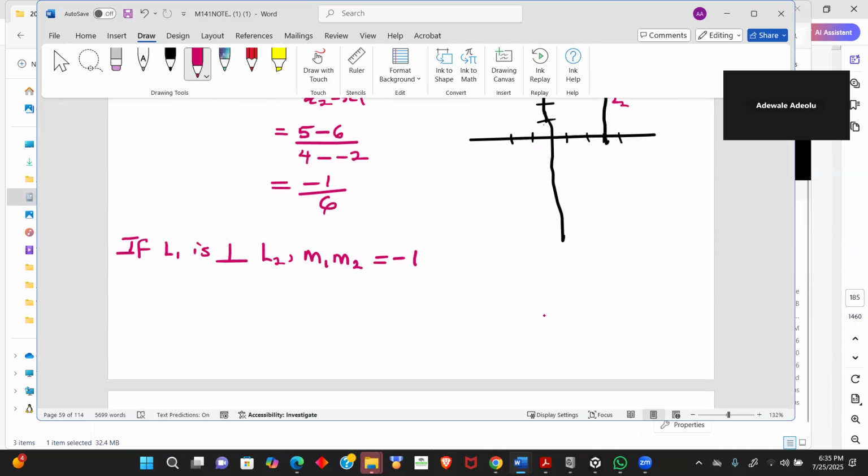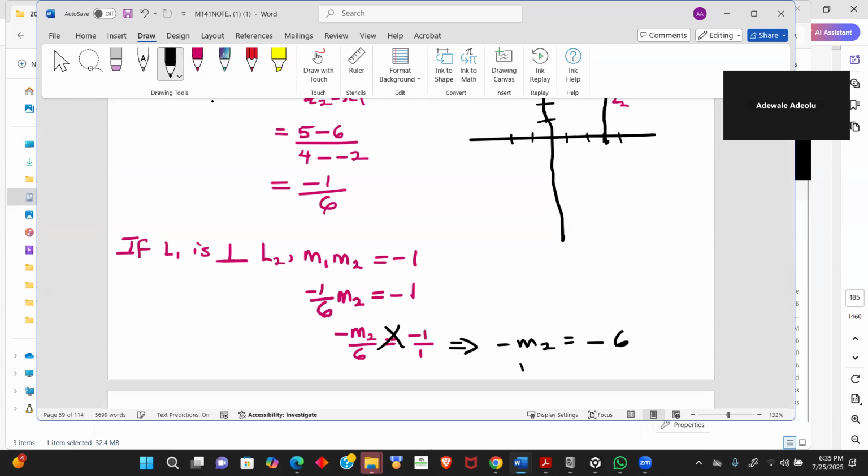So which means that -1/6 times m2 must be -1. This is the same thing as -m2/6 equals -1. I can also put it over 1. If I cross multiply this, that implies -m2 equals -6. And therefore, m2 equals 6, right? If you divide both sides by -1, m2 is 6.